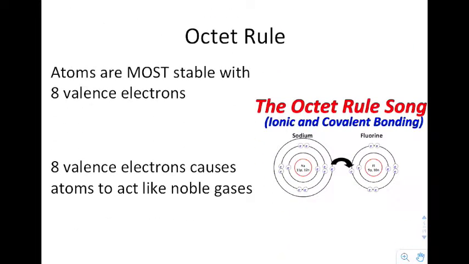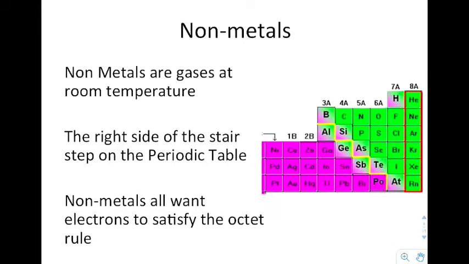So, the octet rule, once again, remember the octet rule says that atoms are most stable when they have 8 valence electrons around them. And we saw the example last time where sodium can give its electron to fluorine. But when you have nonmetals, nonmetals are gases at room temperature. They're the things that are to the right of the stair step that we see here on the periodic table.